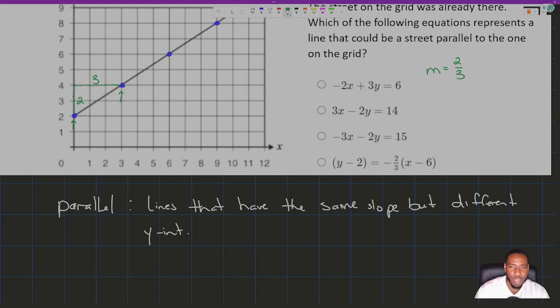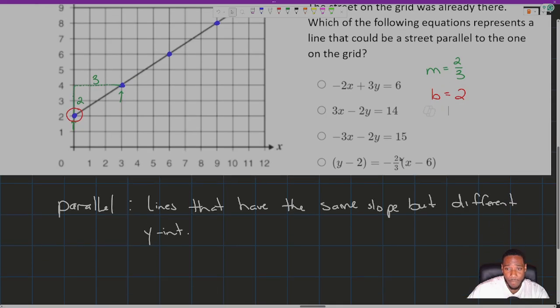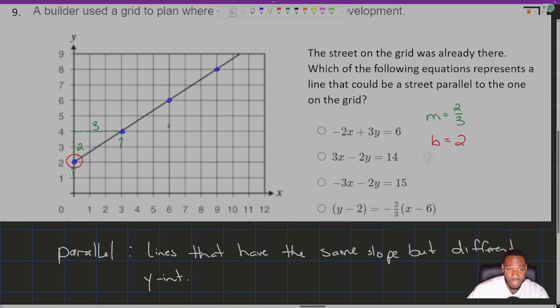Now we also want to take stock of the y-intercept we see there. That's the first one we had, right there at positive 2. So using this information, we got to figure out which one of these lines that they give us in these equations, or maybe it's multiple, could have the same slope and a different y-intercept compared to this line that we see here.